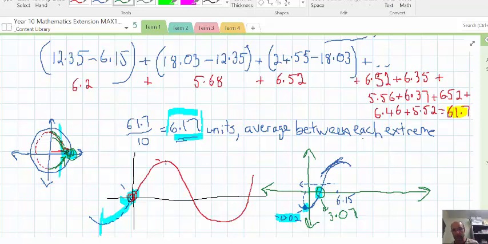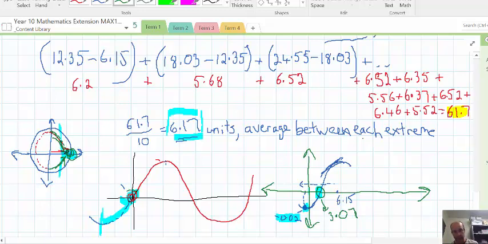The halfway mark is 3.09. Sorry, 3.07. So we got that by halving the 6.17 average, and that value we subtracted. So that half of 6.17 subtracted from 6.15 gave us 3.07.